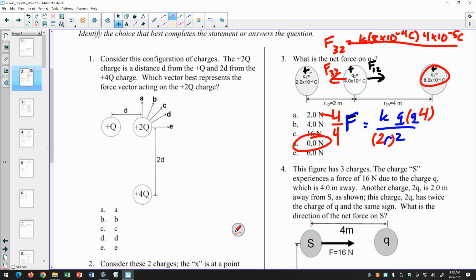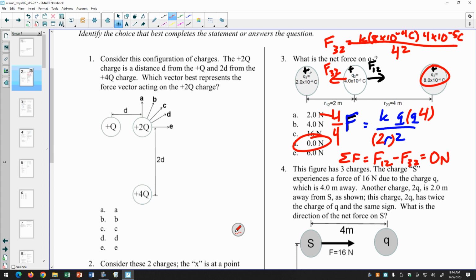Divided by 4 squared. And then you can find the values for F32 and F12, and to do the sum of the forces, you say F12 minus F32. And you'll find that those will be equal in magnitude, and so that answer would be 0 newtons.